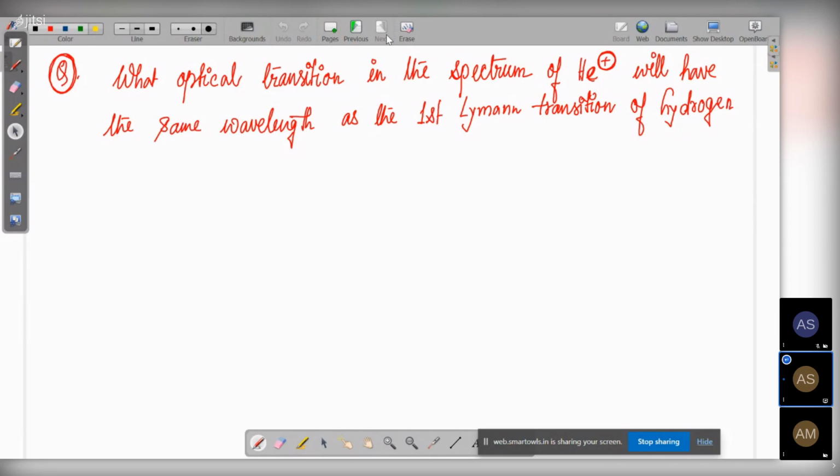But here you do not need to find out the lambda. See for one more minute. Here there will be easy calculation. No need to even put down the value of the Rydberg constant.